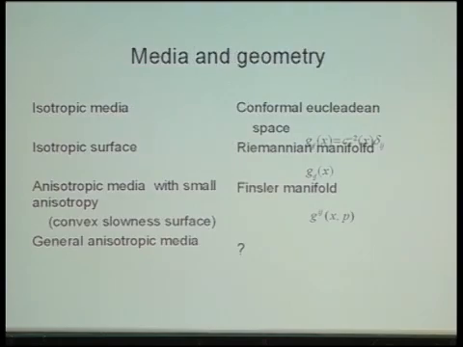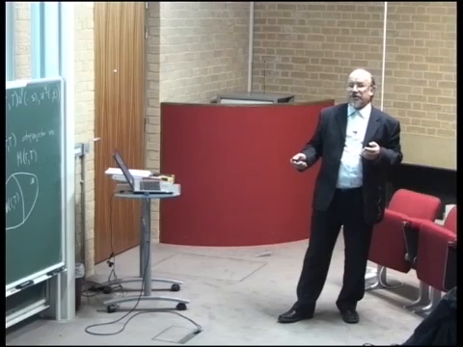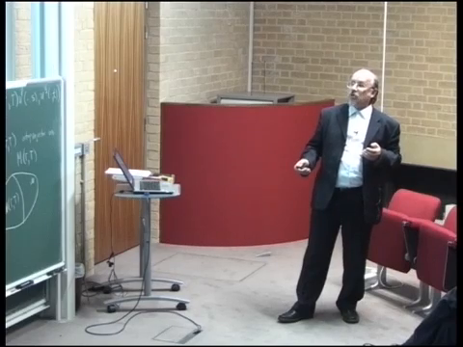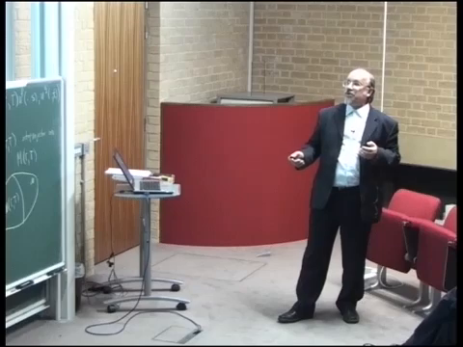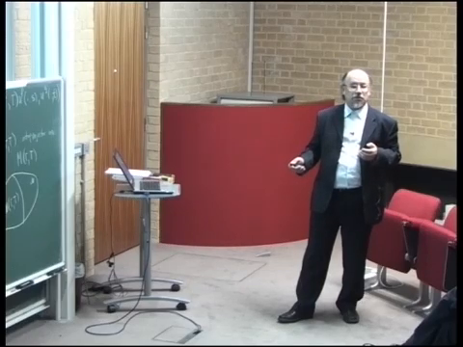If we deal with isotropic media, this conformal Euclidean space, it is the same thing. If we deal with the isotropic surface, this is a Riemannian manifold. And what will happen with anisotropic media? If anisotropy is small, so that such a slowness surface is still convex, then the corresponding manifold will be a Finsler manifold. And it is also a geometrical object.